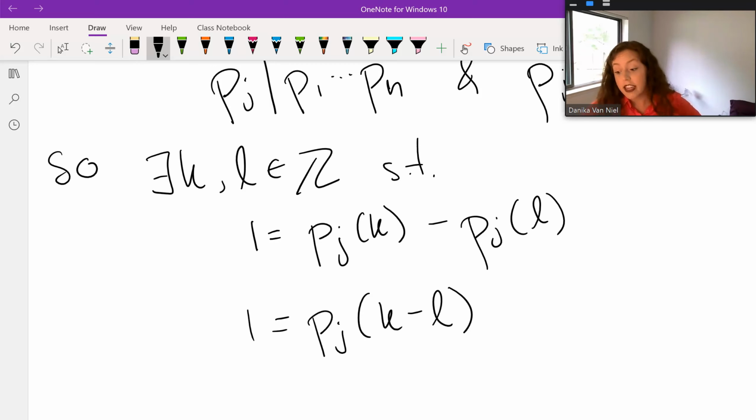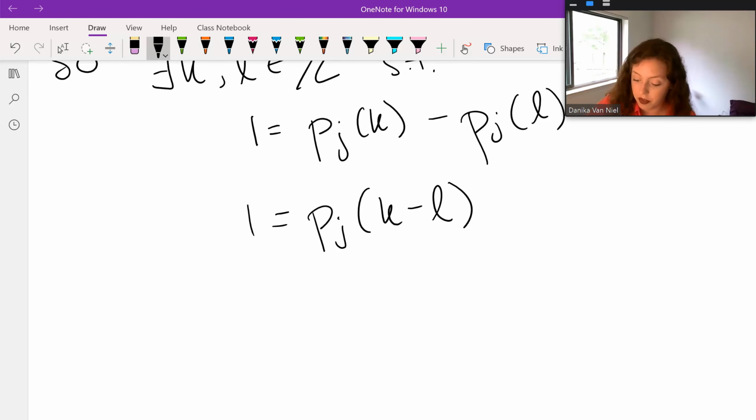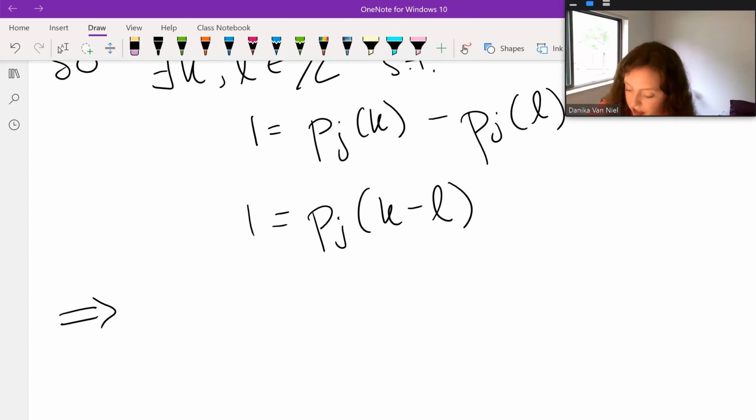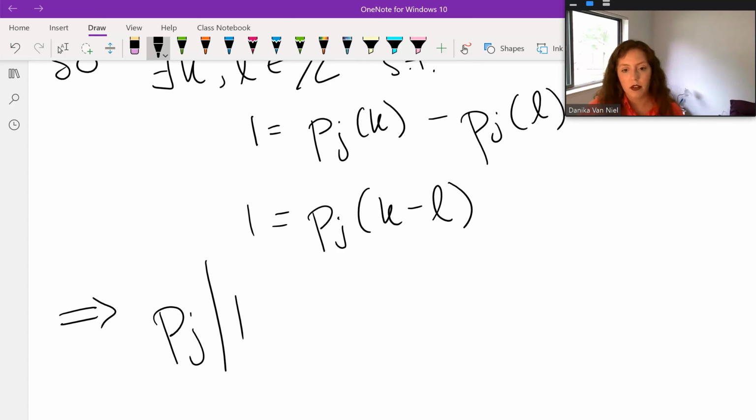Wait a second. k and l are integers. We can subtract 2 integers and get another integer. That means that Pj divides 1 by definition of division. So you can also write this as an if-then statement: then Pj divides 1. Wait a second, that feels fishy, doesn't it? So what do we know about Pj?